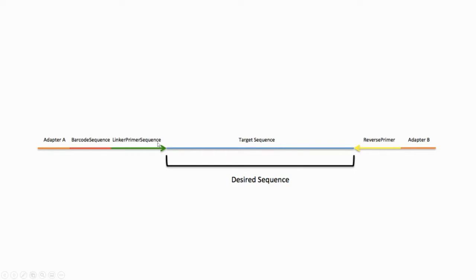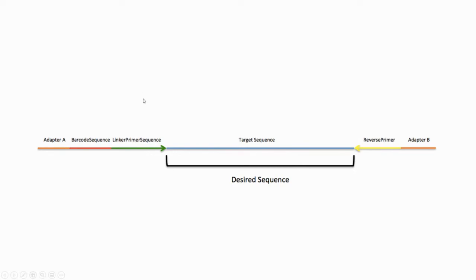So you have the primer sequence so that you can perform PCR, then you add the barcode to label each fragment so that you know which sample it belongs to, then you attach the adapter so that you can perform the sequencing. That's a typical process.